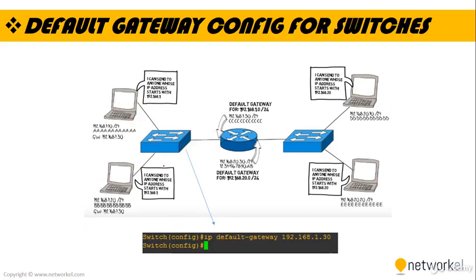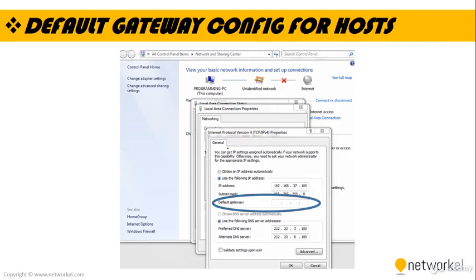So let's take a look at how we can configure an IP address for a switch. Now, if you want to communicate with the default gateway on a switch, the command we are using is ip default-gateway and the IP address of the router's internal interface.